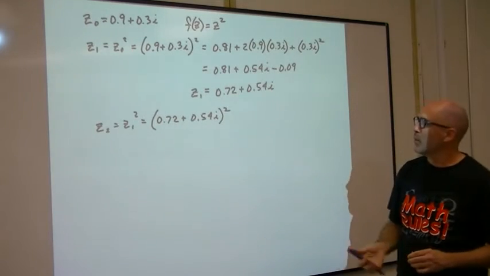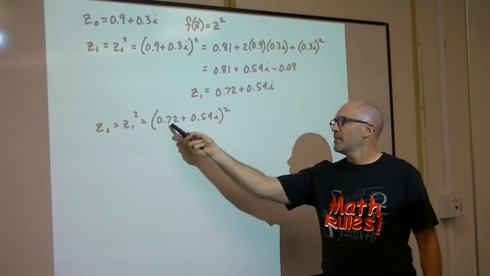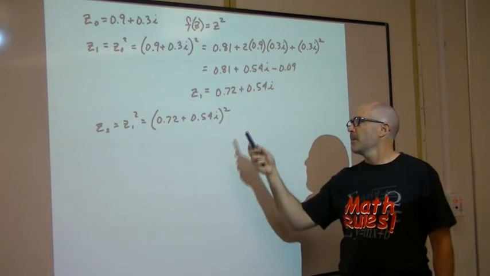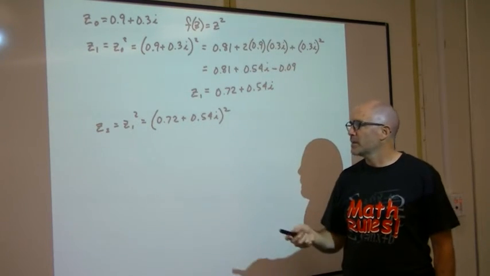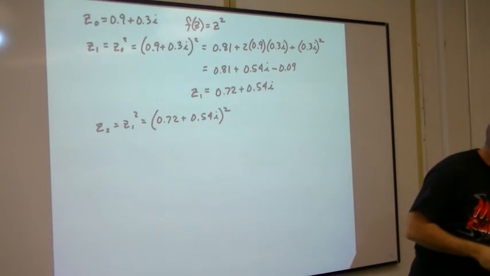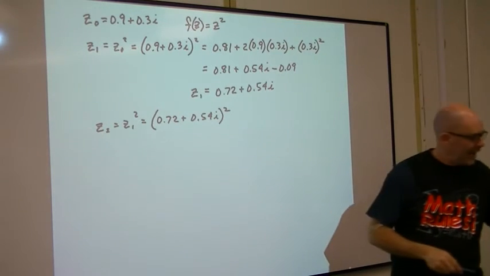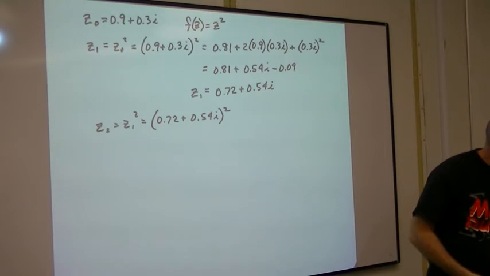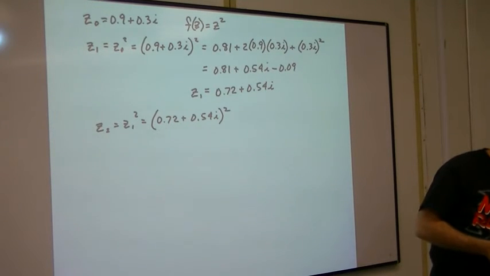You're just going to square your 0.72, plus 2 times 0.72 times 0.54 times i, and then plus 0.54i squared, which would be minus 0.54 squared. And that ends up being 0.23 plus 0.78i rounded off. And then to get z3, you just plug it back in the formula and you get negative 0.55 plus 0.35i.